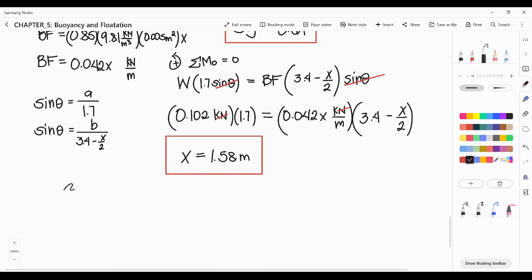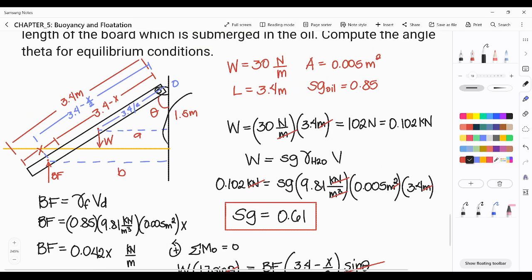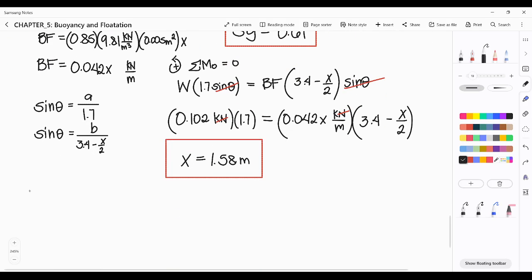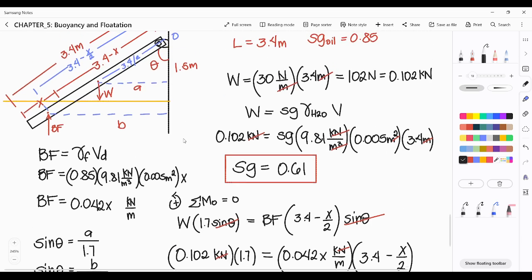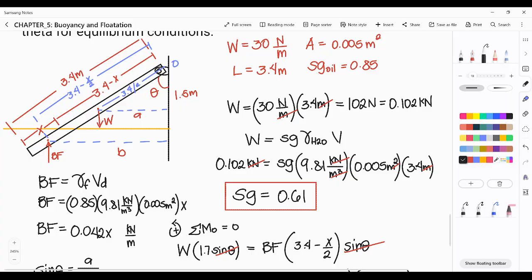We could use cosine kasi adjacent side yung 1.5 meters, tapos hypotenuse ito. Cosine of theta, adjacent over hypotenuse ang cosine, diba? So, what is our adjacent side? 1.5 over 3.4 minus x.